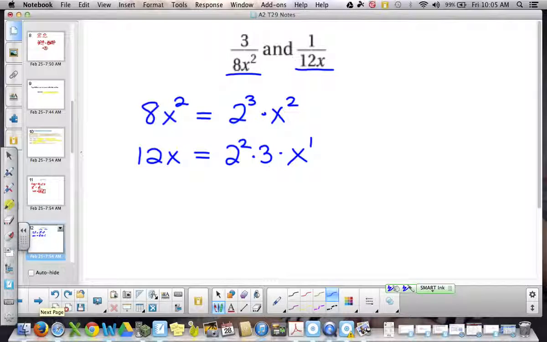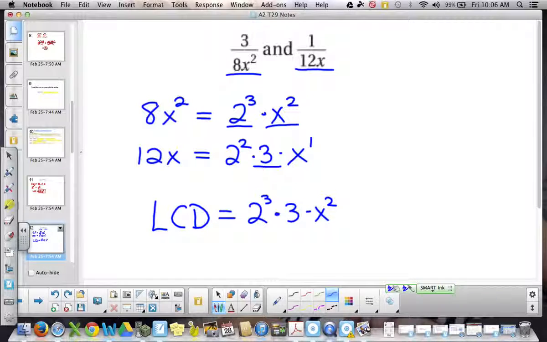So our LCD, again, is going to be the product of the highest exponent of each factor from either denominator. We have a 2 cubed, the highest power of 2 in either denominator. Then we have a 3 as the highest power of 3. And then we have an x squared. When we simplify that, 2 cubed is 8 times 3 is 24, x squared. That would be the LCD.